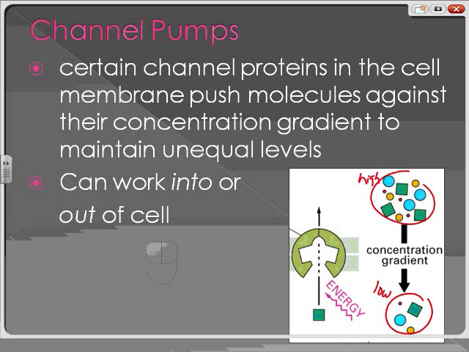We're going to take this little molecule and stick it inside of our channel pump. Our pump is going to close up on this side and open on this side, pushing the molecule into an already crowded space. It's going to pump it and force it into a crowded area. That's how a channel pump works.